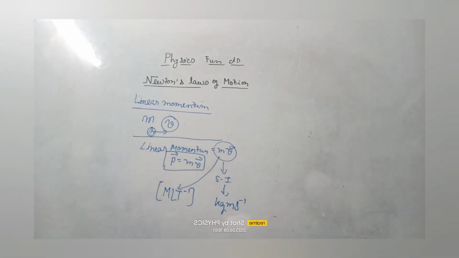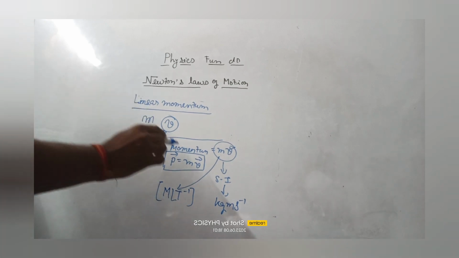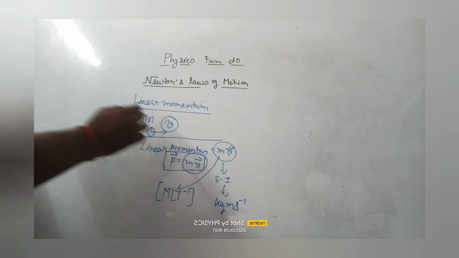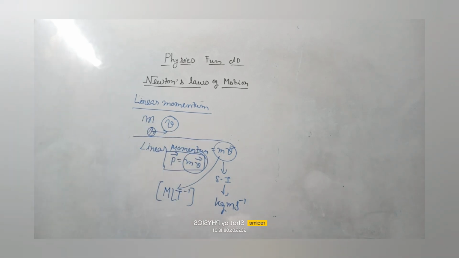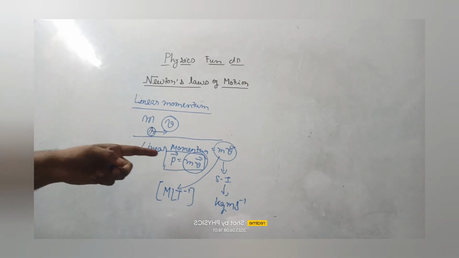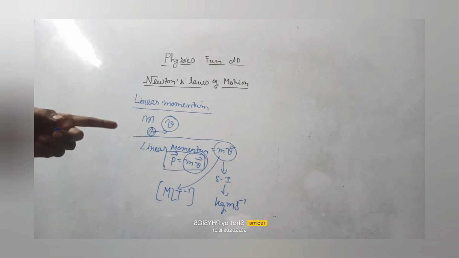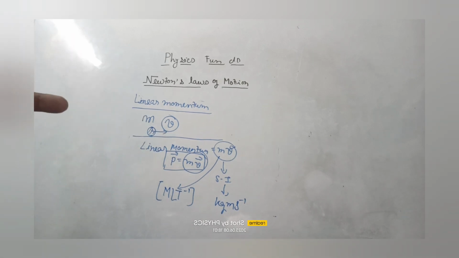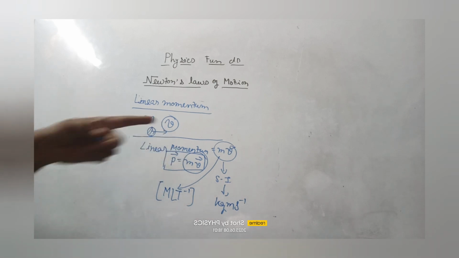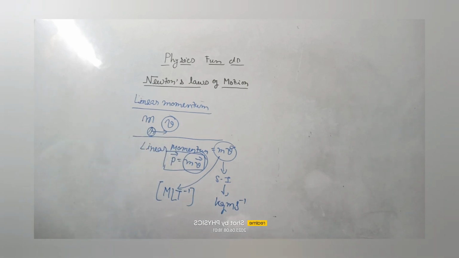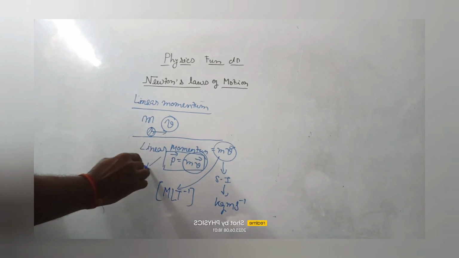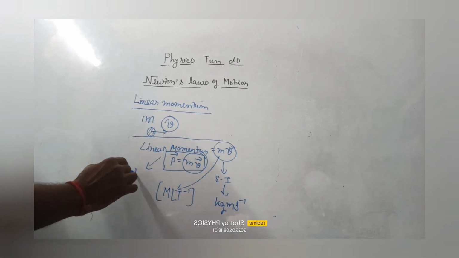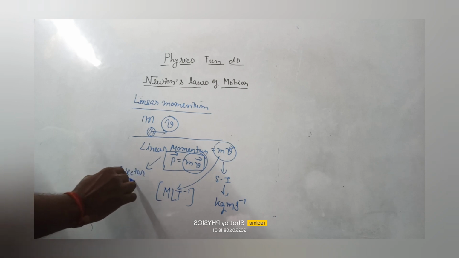So the dimension is M L T inverse, right students? Now, as it is totally involved with velocity, and velocity is a vector quantity, the linear momentum is also a vector quantity.